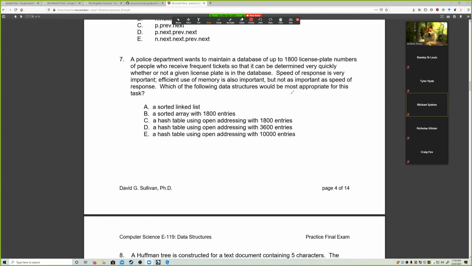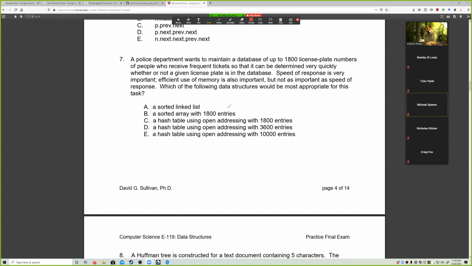So which of the following data structures is most appropriate for this task? In other words, we want the best big O for our speed, and if there are multiple things with the same speed, we'd want the more memory efficient one. That's the way I'm interpreting this.